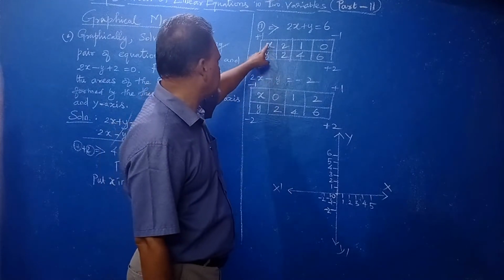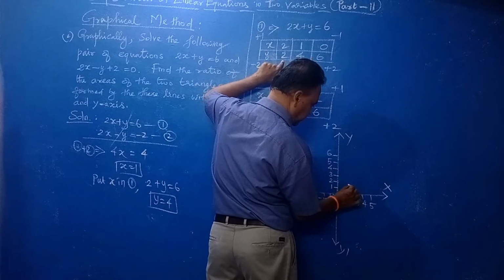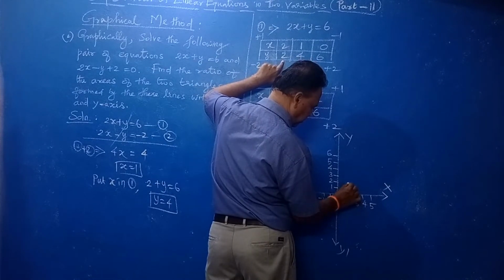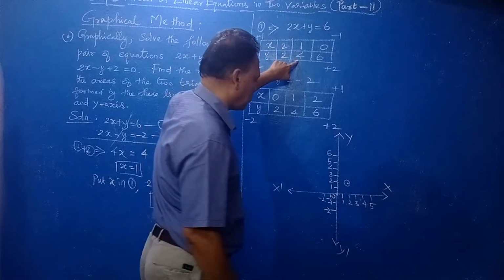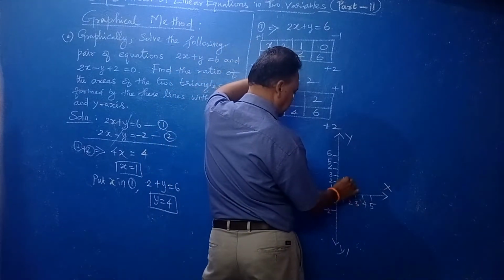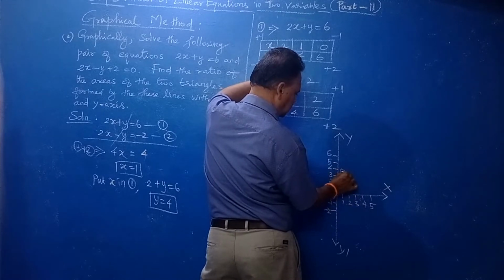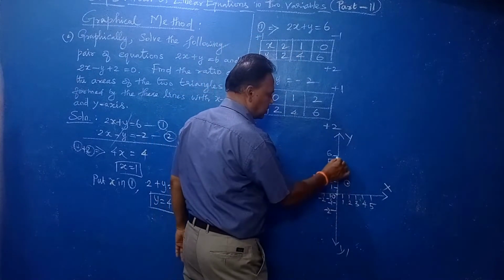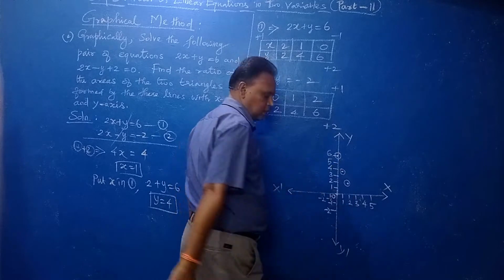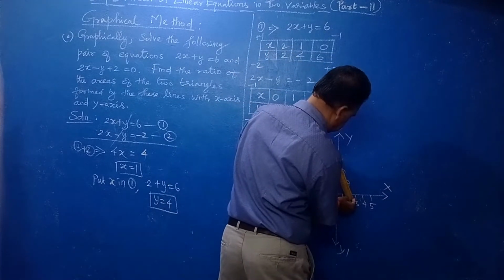Now you plot first equation. 2 comma 2, where it will come? Here, 2 comma 2. Okay. 1 comma 4. 1 is here, 4 is here. Okay. Then 0 comma 6. 0 comma 6 here. Now immediately you draw the line.